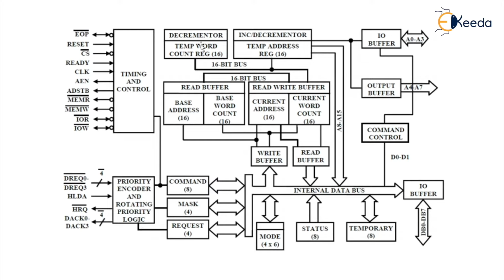Here we are using decrementer and incrementer and decrementer, the temporary address register 16, the word count register 16, and the read buffer, read write buffer, and an internal data bus. From this we have mode, status and temporary, and command, mask and request. Here we are using IO buffer, output buffer, and command control.